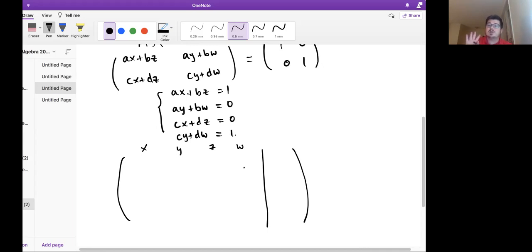X, Y, Z, W are the unknowns, and A, B, C, D are the coefficients. There's AX's, there's 0 Y's, there's BZ's, there's 0 W's, and it's equal to 1, if I order the variables like that. So everyone see that?